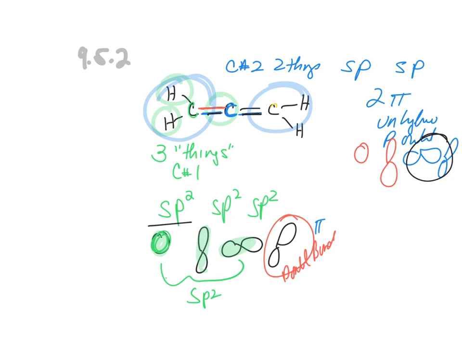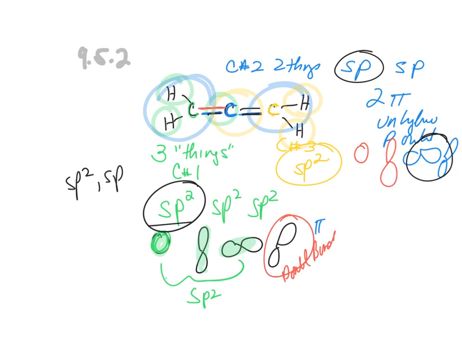Okay, and then let's do the last one. Carbon number 3. And we have 1, 2, 3 things. So we're doing sp2, because 2 plus 1 equals 3. And now it said from left to right, give the hybridization of each. So we have an sp2, we have an sp, and then we have an sp2.